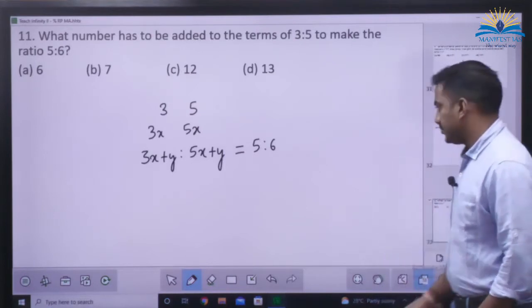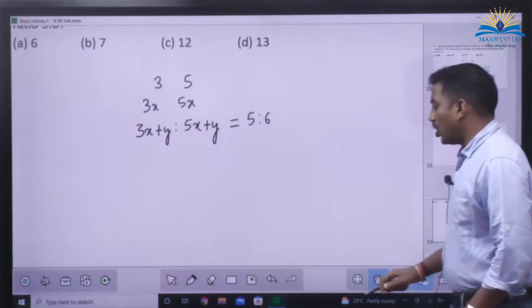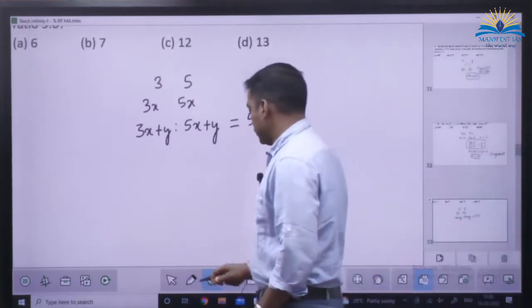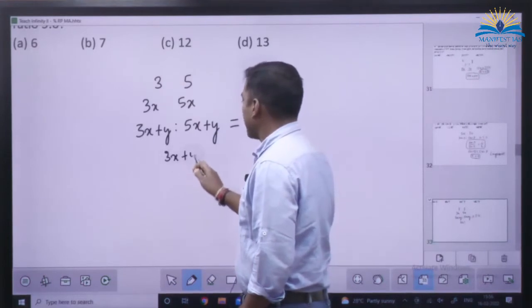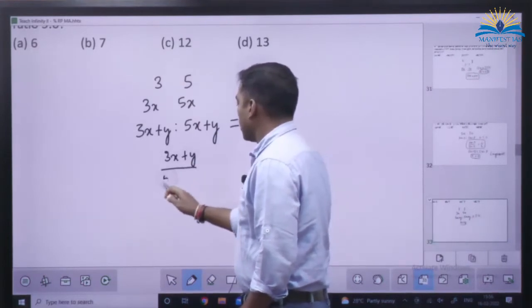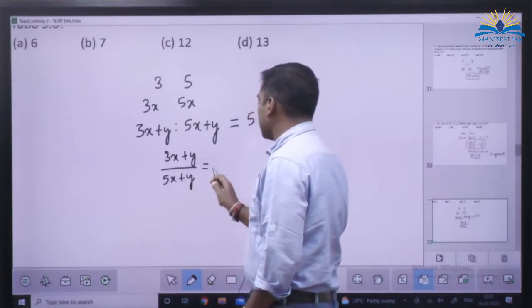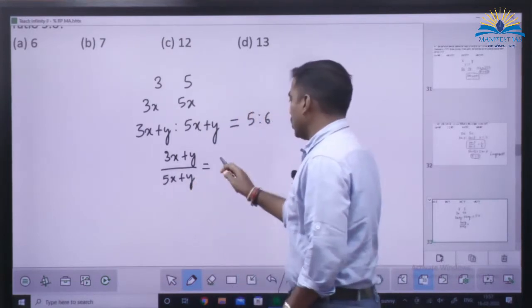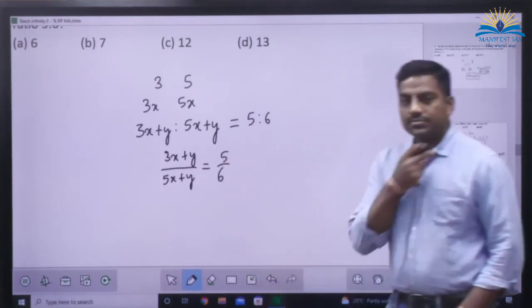Now let us try to solve. 3x plus y over 5x plus y is equal to 5/6.